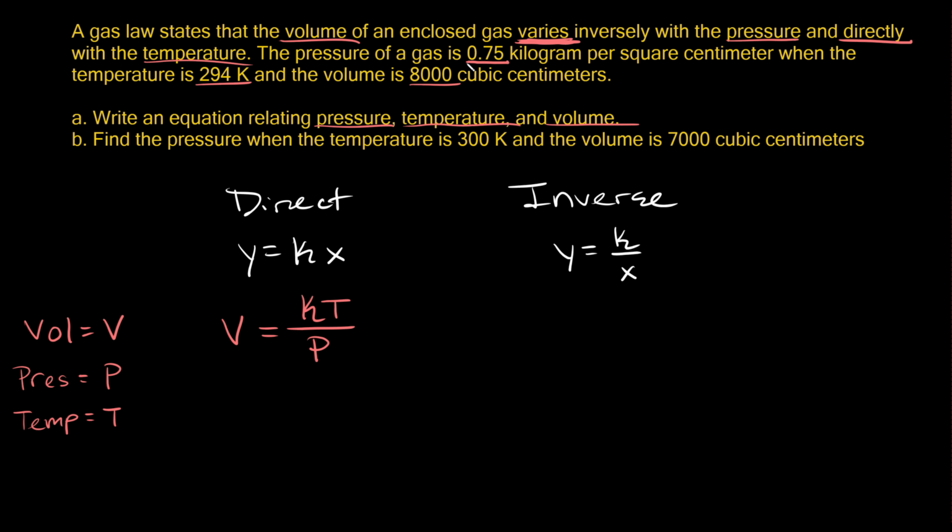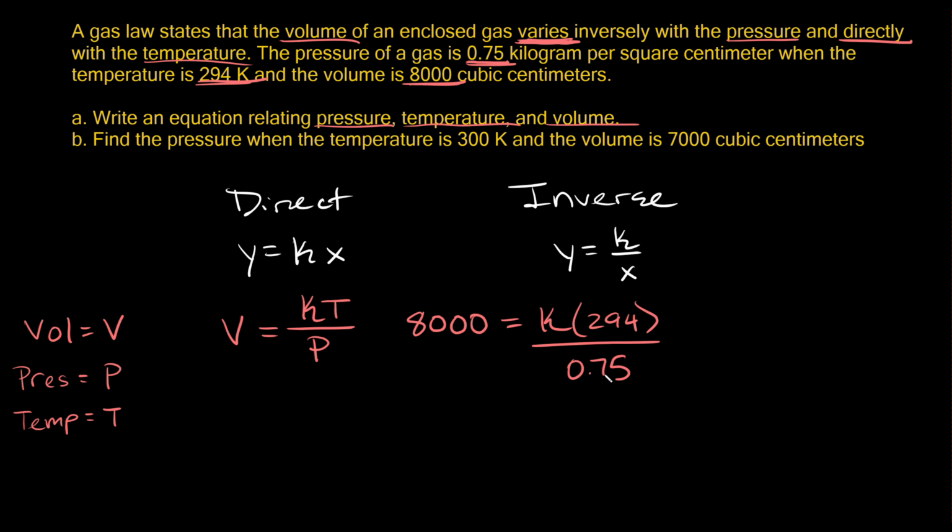We're going to plug in these three numbers into our combined variation formula, and it's going to help us solve for K. The volume was 8,000, and that's equal to K times the temperature, which is 294, divided by the pressure, which is 0.75.